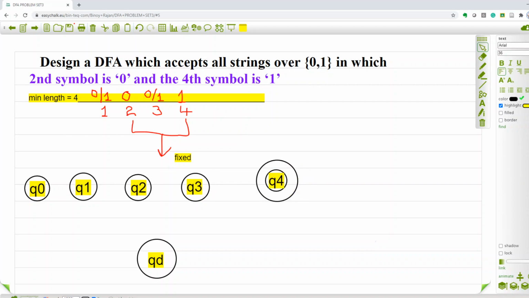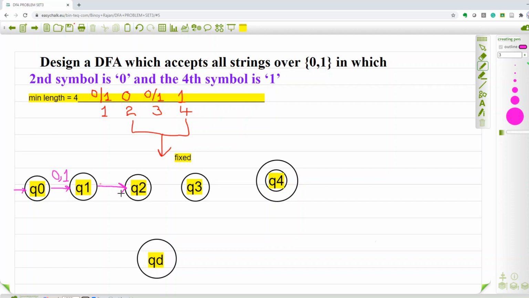Okay, now let's draw the transitions. Q0 is our initial state. So from Q0 to Q1, I can have either 0 or 1. And Q1 to Q2, it is compulsory that it should be 0.